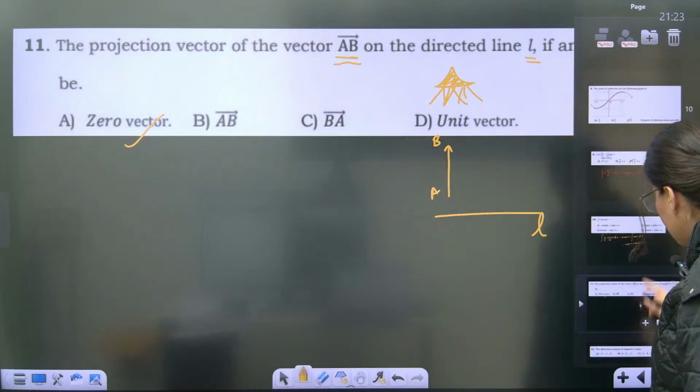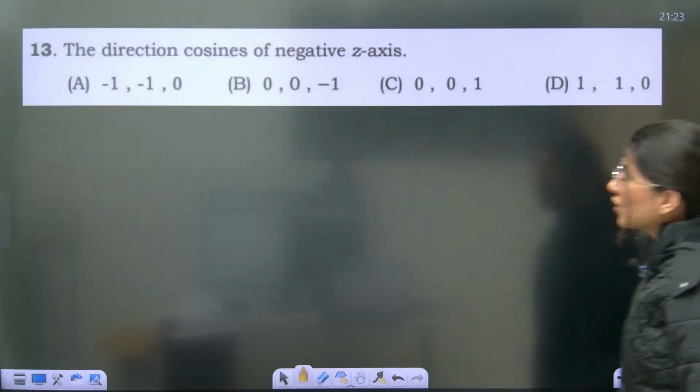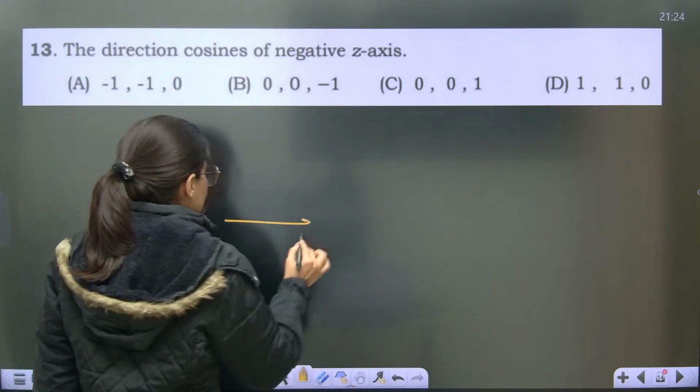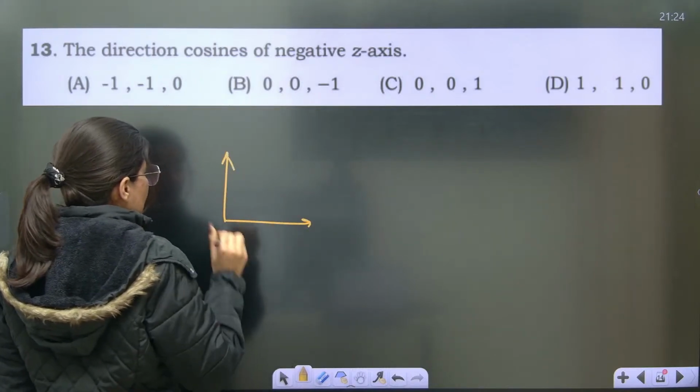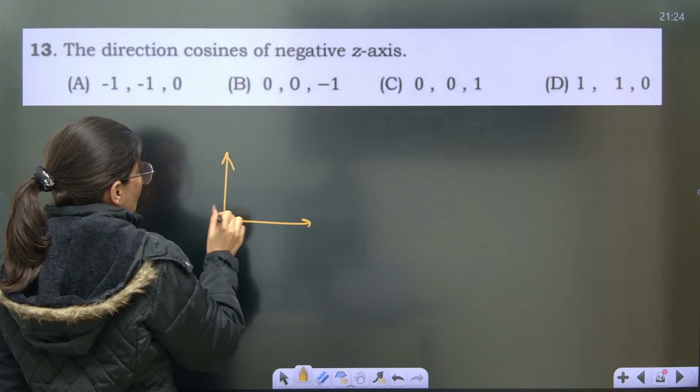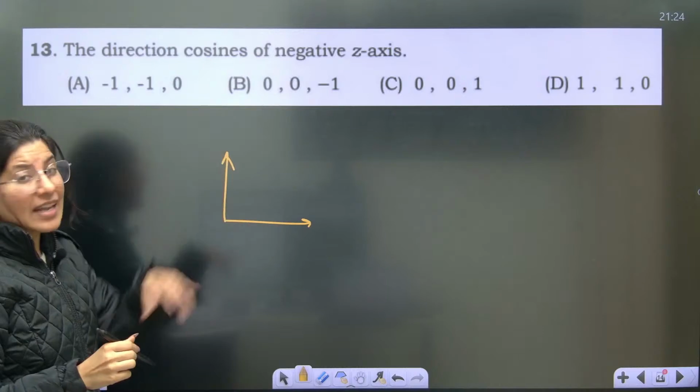Okay. Then the direction cosine of negative z axis. Now understand, this is your x axis, this is your y axis, and this is your z axis. Now direction cosine of negative z axis.